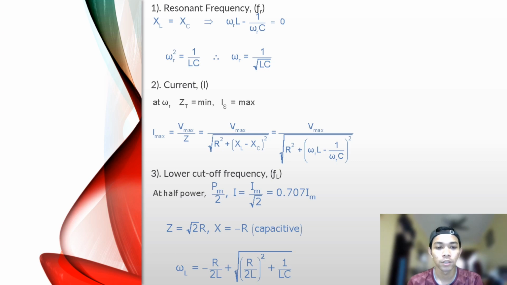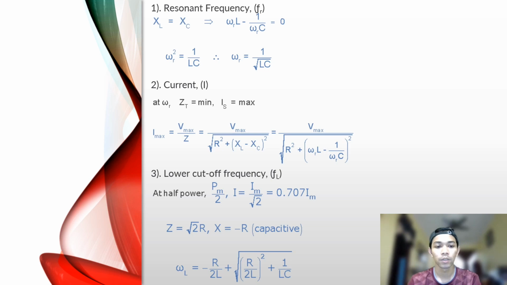For number 3, the lower cutoff frequency fL at half power, Pm over 2, and I equals Im over square root 2, equals 0.707 Im.